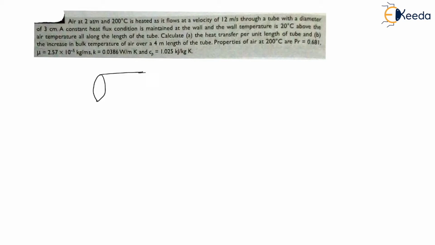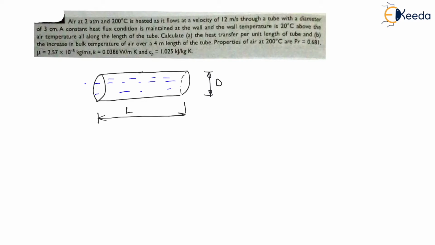Let us say this is a pipe of length L, and diameter of pipe will be d. Through this pipe the air is flowing like this. Let us say left side is entry and right side is exit for the air.